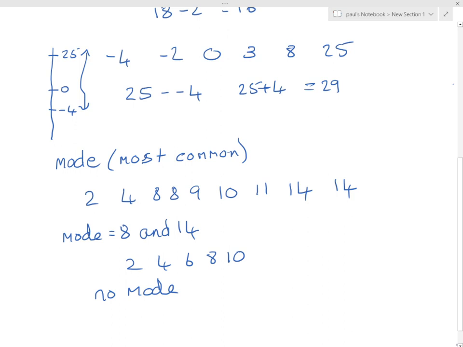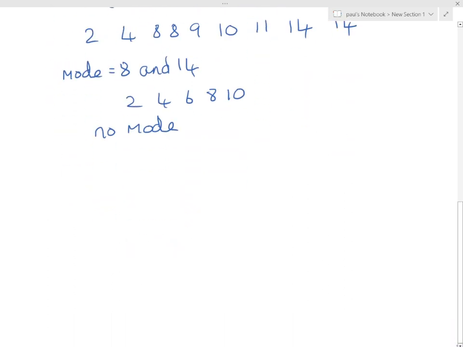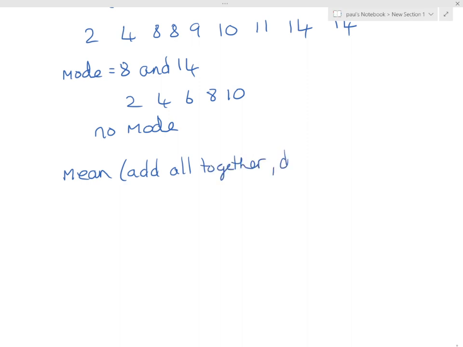The next one is the mean, and the mean is when you add all the values together and then you divide by how many there are. Let's look at this.